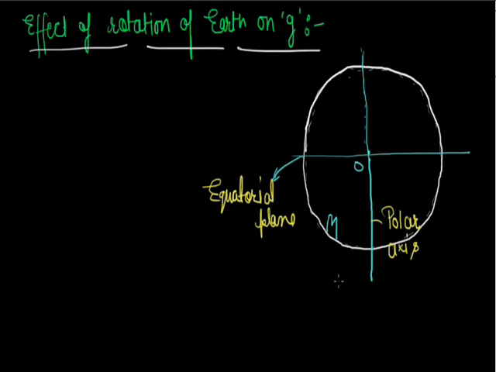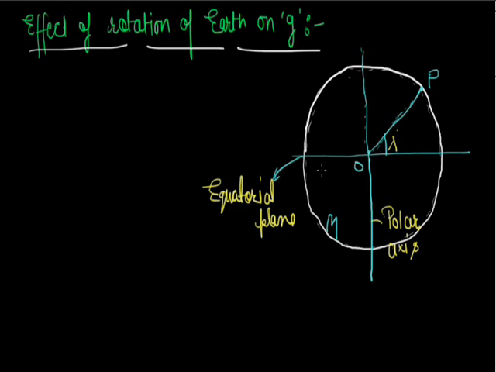Now suppose we want to calculate the acceleration due to gravity at point P, which is at the latitude of angle lambda, and we want to calculate the acceleration due to gravity at point P.